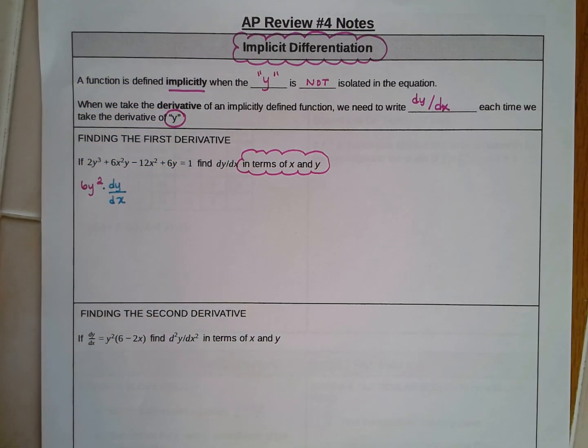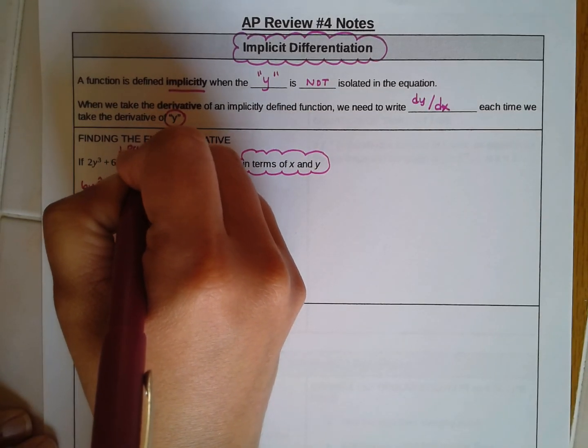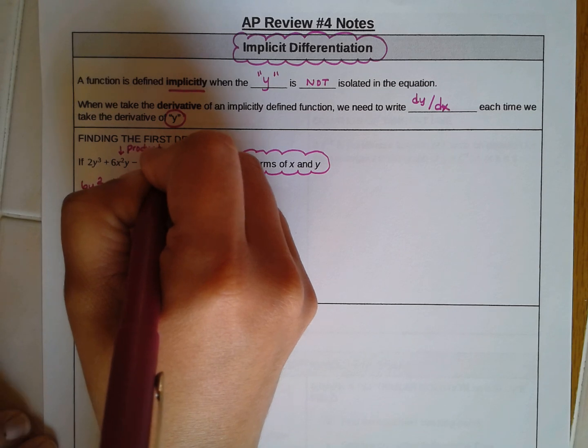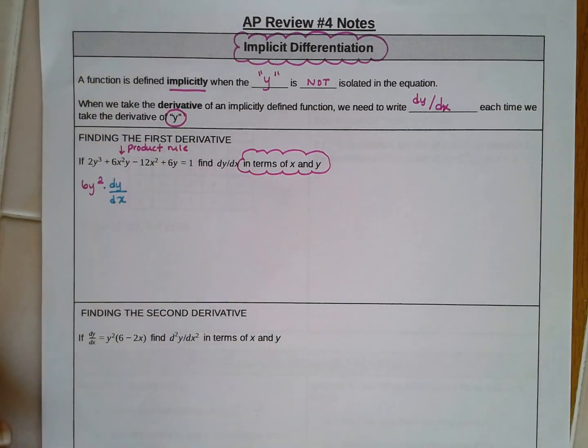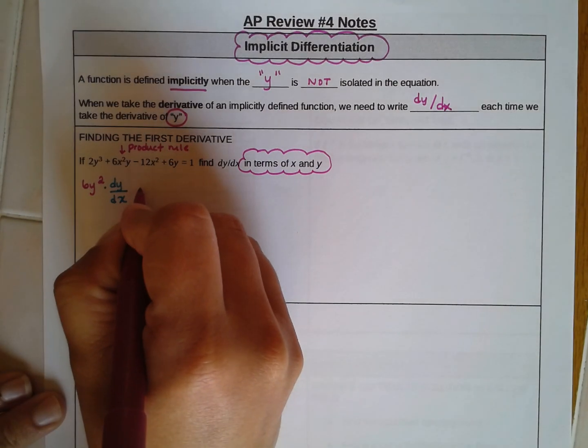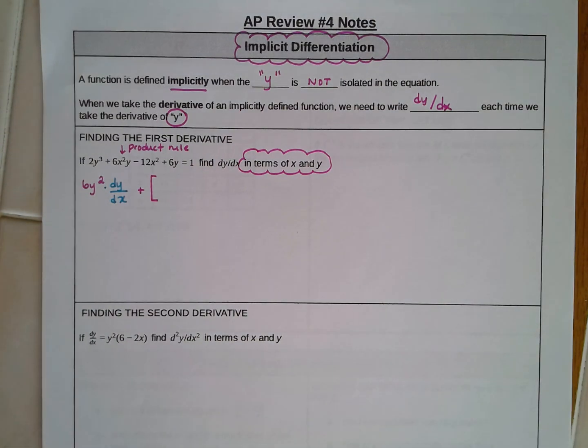Now the next term is a little bit more complicated, and the reason that this term is more complicated is that we need to use product rule to find the derivative of that term of the original equation. And the reason is because there's both an x and a y being multiplied together, which tells me I need to use product rule. So I'm going to put a plus, and then I'm going to put a big bracket so that I have a place to put all the pieces of my product rule.